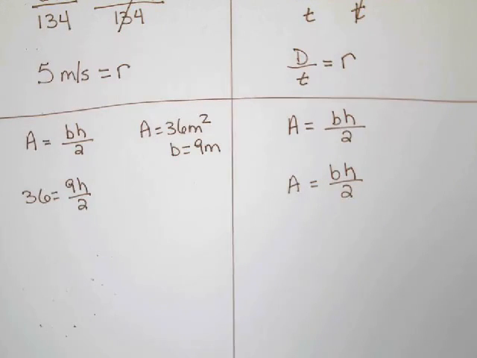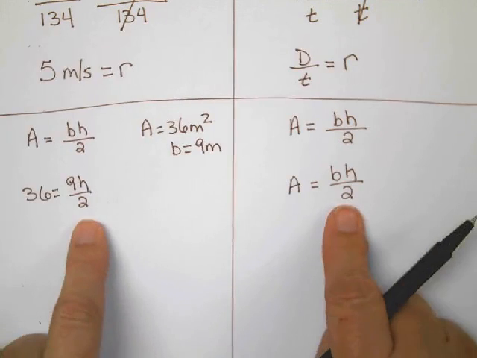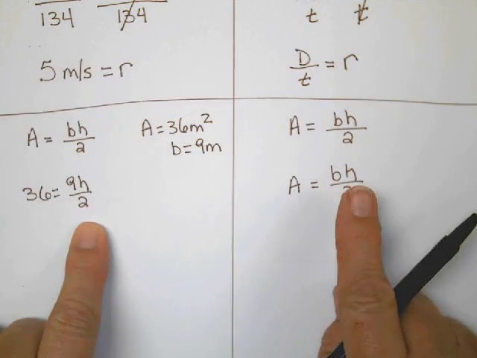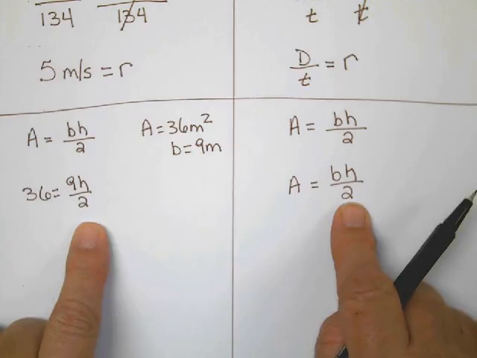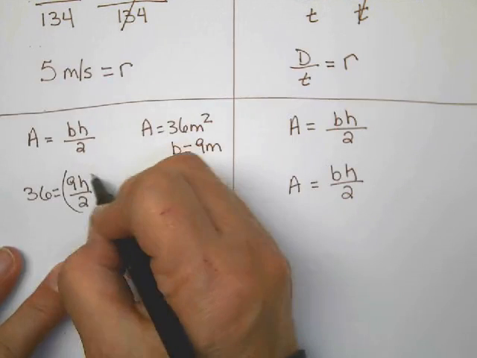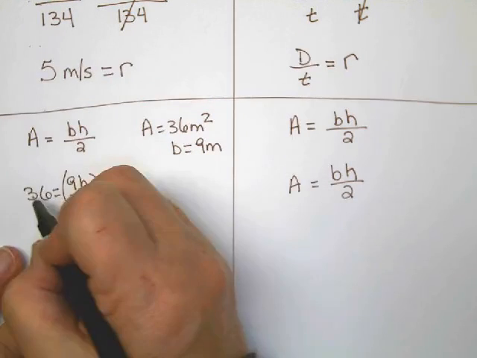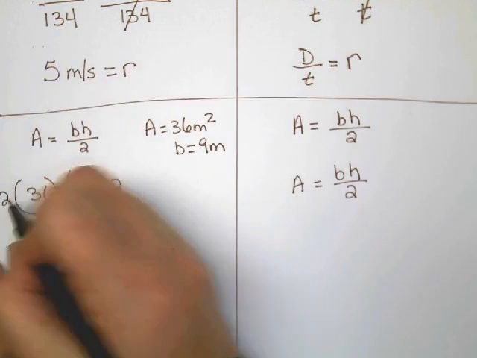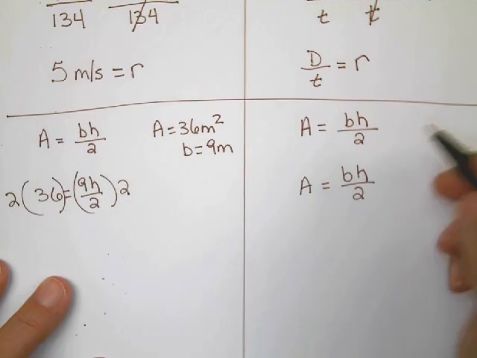Now the next thing I'm going to do is get rid of this pesky denominator over here. So I'm dividing by 2. To make that be a 1, I'm going to multiply by 2. So if I multiply this side by 2, then that multiplicative property of equality says that I have to multiply that side by 2 also.